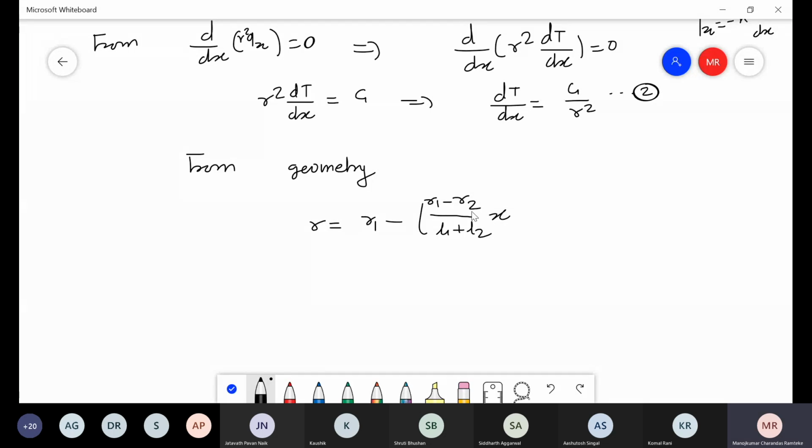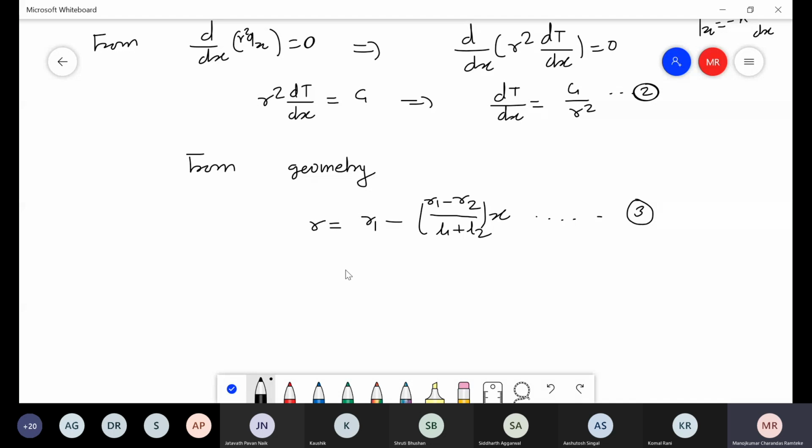So this bracket gives me the slope at which my radius decreases as my length increases from 0 to L. That slope multiplied by x gives me the decrease in radius, and that decrease I have subtracted from R1. So this equation number 3 is just from the geometry, and we can find out the relationship between these.